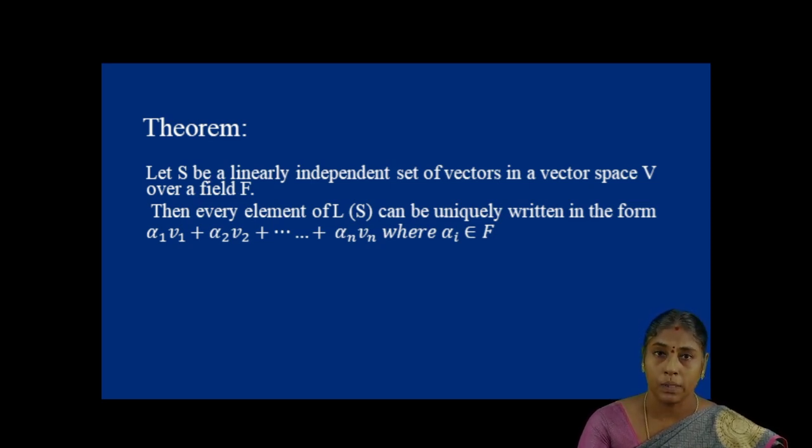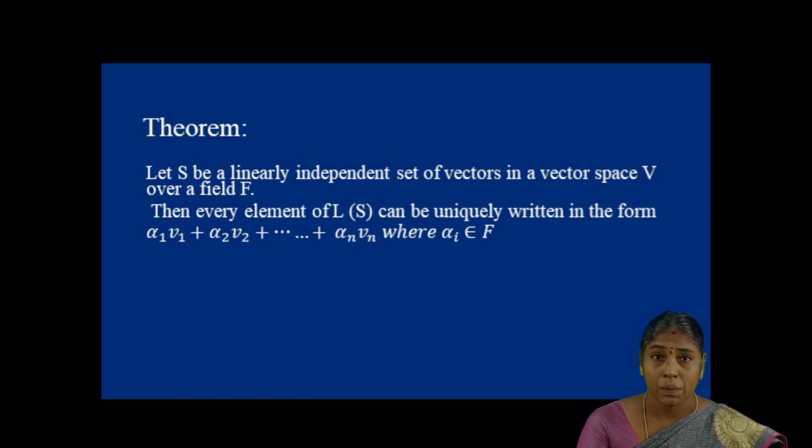We have to prove that every element of L of S is uniquely written in this form. What do you mean by L of S? It is nothing but the linear span. Span is also a set, a vector space, in which each and every element is a linear combination of vectors. So if we consider L of S, each and every element in L of S will be of the form alpha 1 v1 plus alpha 2 v2 plus etc. plus alpha n vn.